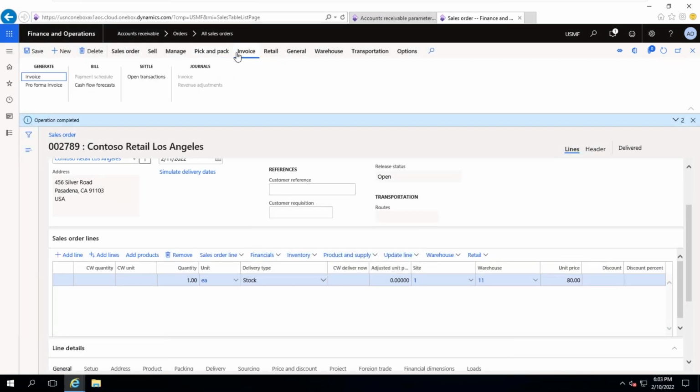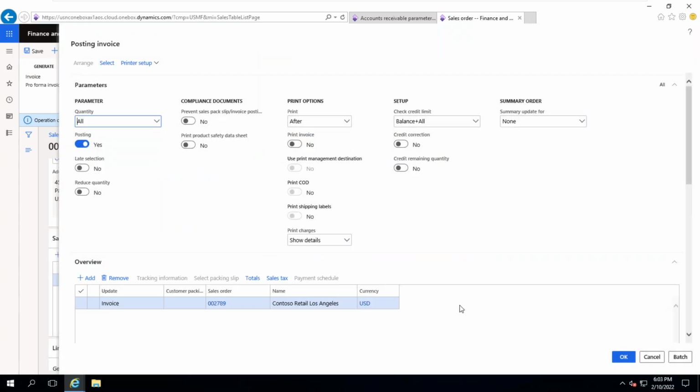Go to the invoice tab, generate, invoice button. Click OK.